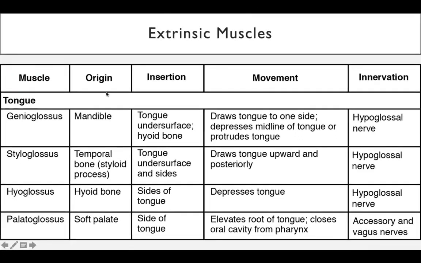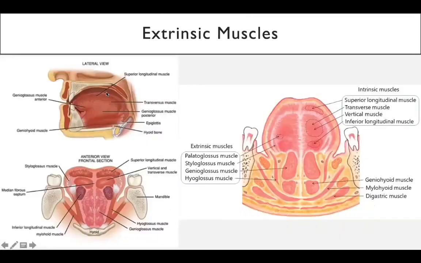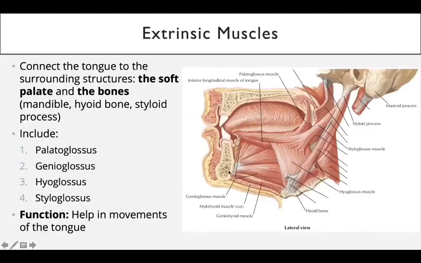So genioglossus: origin, mandible, and inserted in the underneath of the tongue, and also towards the hyoid bone. Again, it originates from the mandible, going towards the underneath of the tongue and also to the hyoid bone.